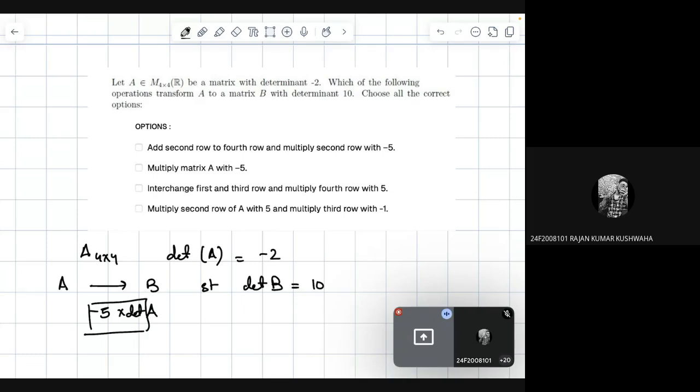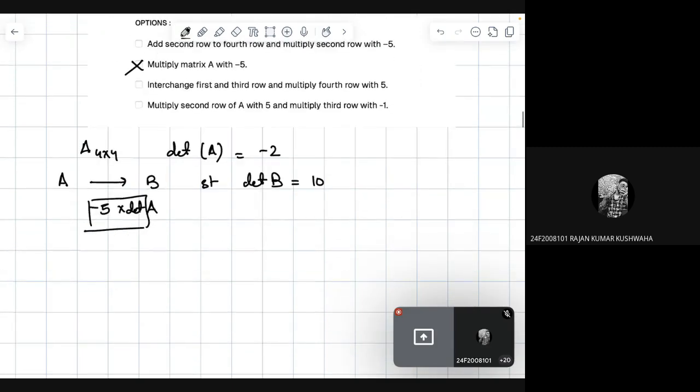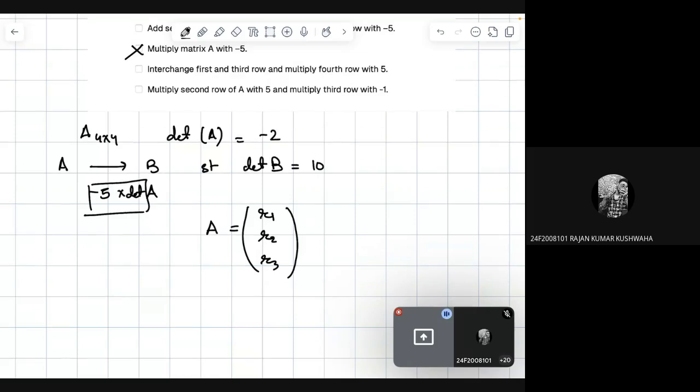So multiplying the matrix A by minus 5 will not be the case. Why? Because if you have a matrix A with 3 rows, and we multiply A by minus 5, then this becomes minus 5 R1, minus 5 R2, minus 5 R3.